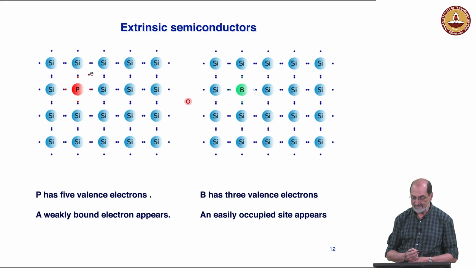But since this is just one atom in a sea of silicons, very easily one of these electrons jumps in here, and that makes this boron a negative impurity in the structure.